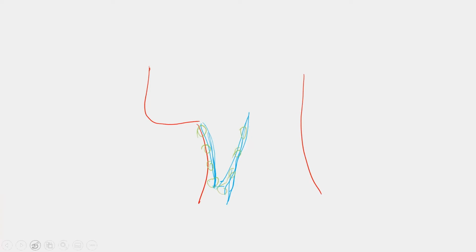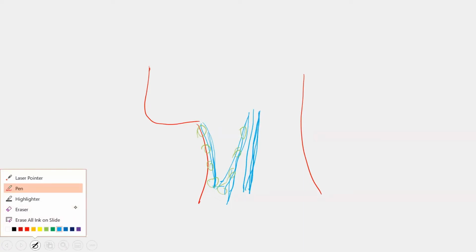And then more internal to the sternocleidomastoid muscle, you have the internal jugular vein, right? So arranged along it, you have the deep cervical lymph nodes.